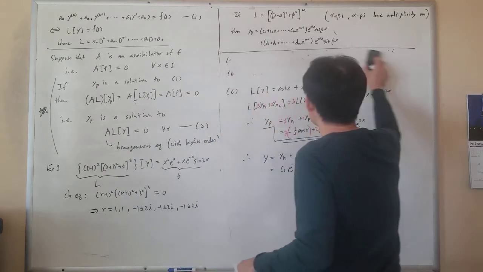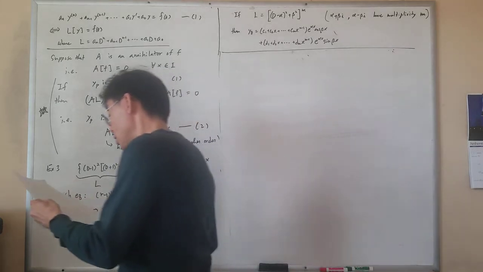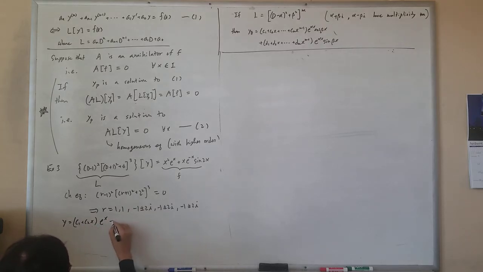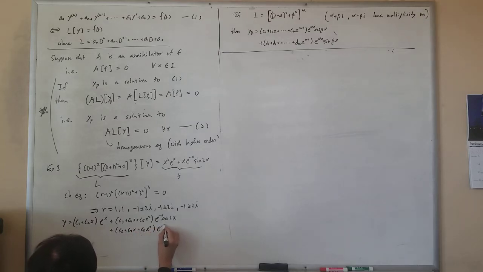So because of that, the homogeneous solution will be: y equals (C1 plus C2 x) e to the x, double; triple: (C3 plus C4 x plus C5 x squared) times e to the minus x cosine of 2x plus (C6 plus C7 x plus C8 x squared) e to the minus x sine of 2x, to account for these 6 roots.